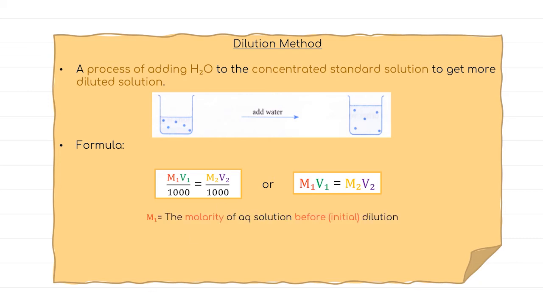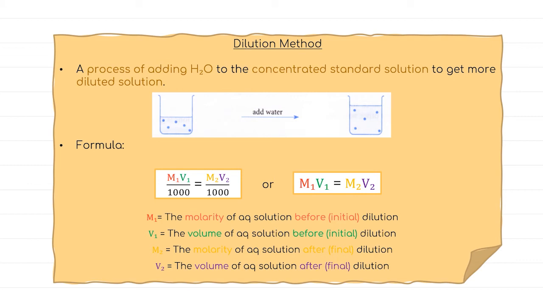M1 is the molarity of the solution for the initial dilution, and V1 is the volume of the solution in the initial dilution. M2 is the molarity of the solution for the final dilution, and V2 is the volume of the solution for the final dilution. In the first formula, the volume is in centimeter cubic, which is why it is divided by 1000. In the other, the volume is in liter, so there is no need to divide by 1000.